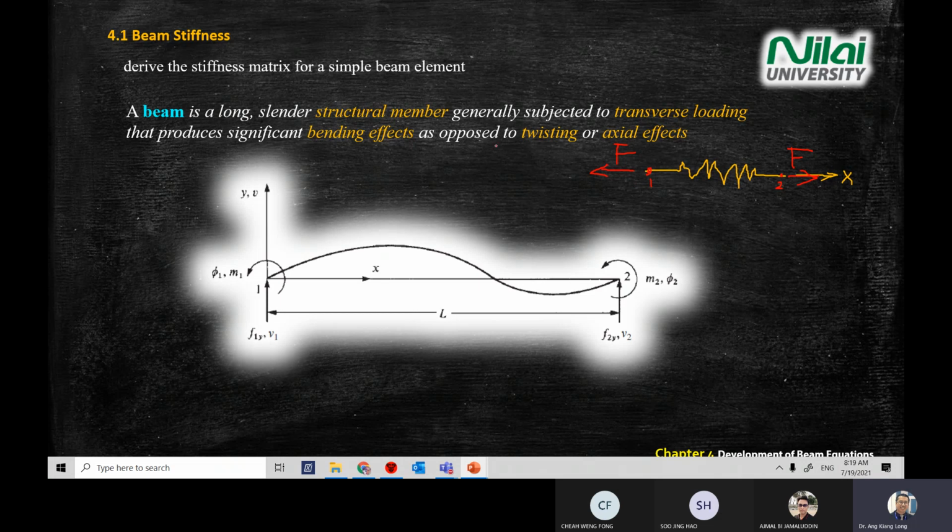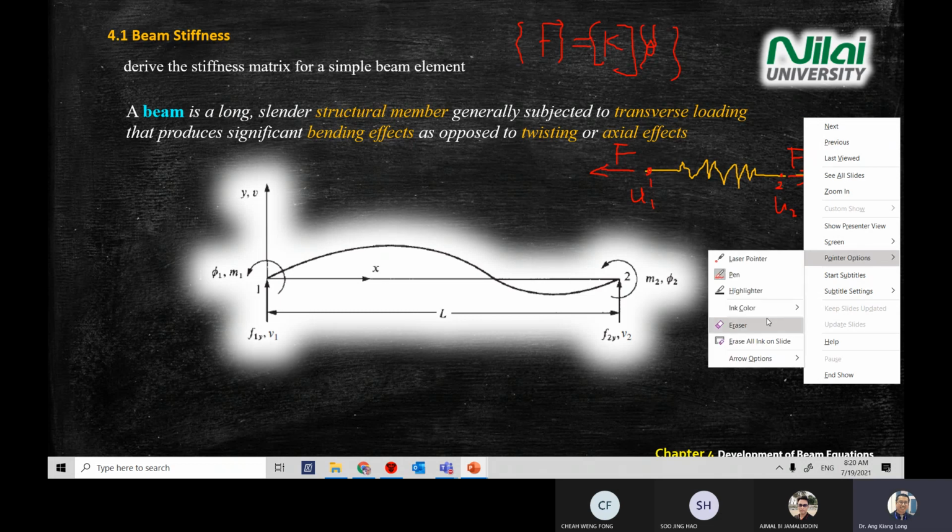Since this is X, the displacement, going back to F equal to KD. If you study spring, your displacement will only have U if you're referring to X: U1, U2.